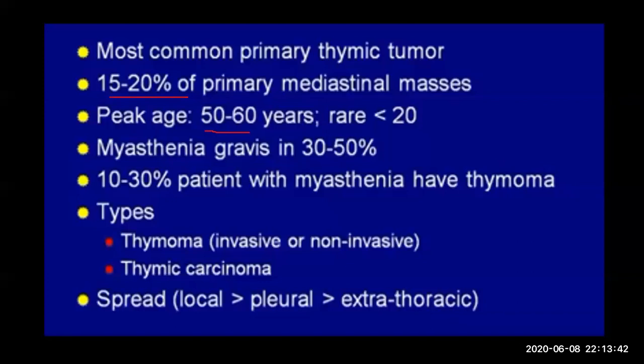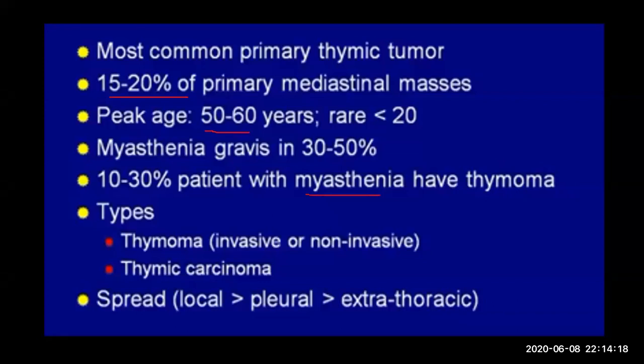Myasthenia gravis is associated with thymoma. We have a rule, 40 and 15: 40% of thymoma patients have myasthenia gravis, and about 15% of myasthenia gravis patients have thymoma.